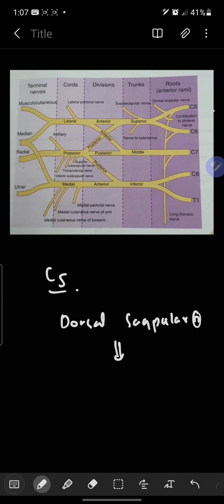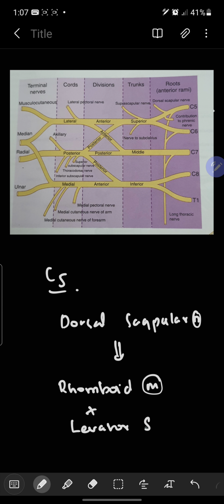Okay, here you can see from C5 the dorsal scapular nerve is arising. It is supplying rhomboid muscles, both rhomboid major and rhomboid minor, plus levator scapulae.